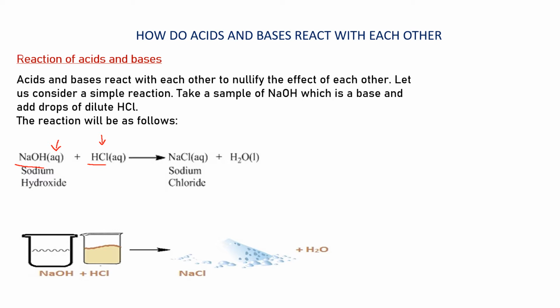We will learn that too, but still I am telling you this. So this is sodium hydroxide and HCl, both aqueous solutions. When they react together, salt and water are formed. Very common and very easy reaction. This is also called the neutralization reaction.